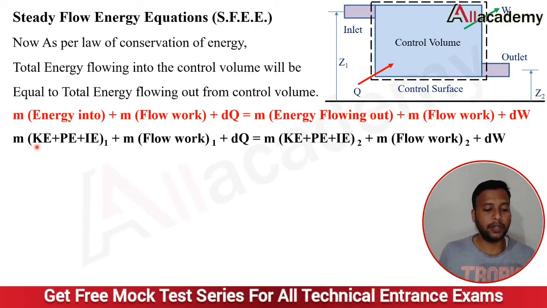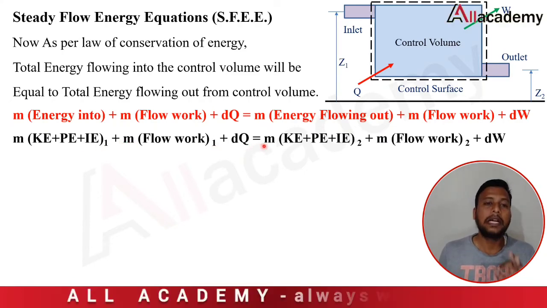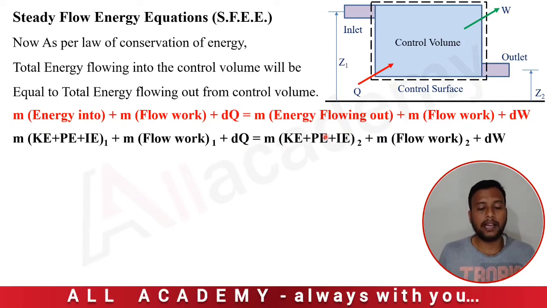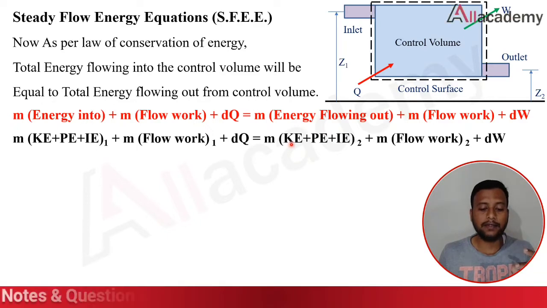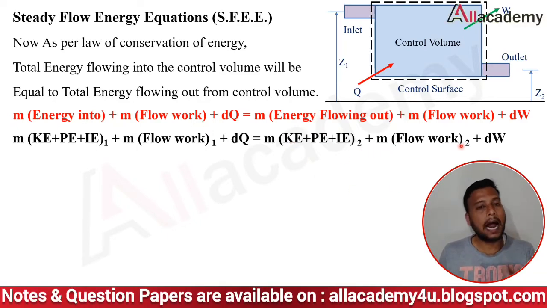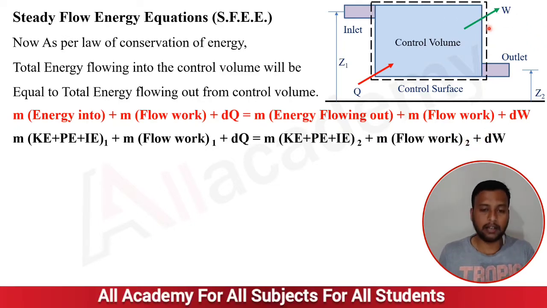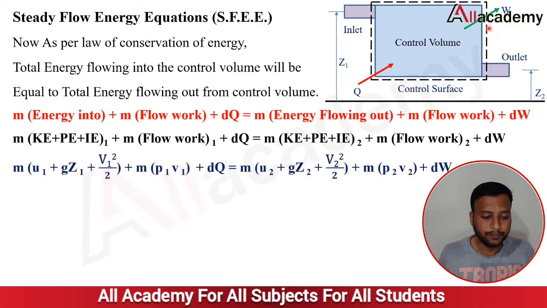So m into KE plus PE plus IE, plus m into flow work, plus dQ, will be equal to the energy flowing out, which again has kinetic energy, potential energy as well as internal energy at condition 2, plus the flow work at condition 2, plus dW. That is the work transfer from the control volume.